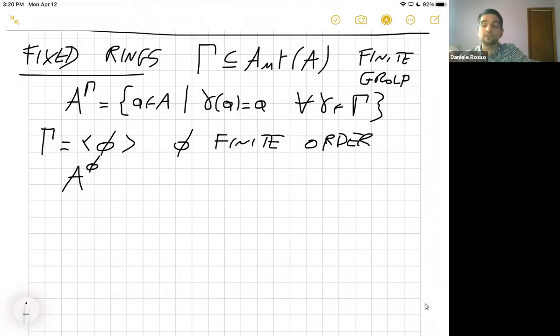There are some known results, and people had asked questions about rings of invariants for Weyl algebras before.